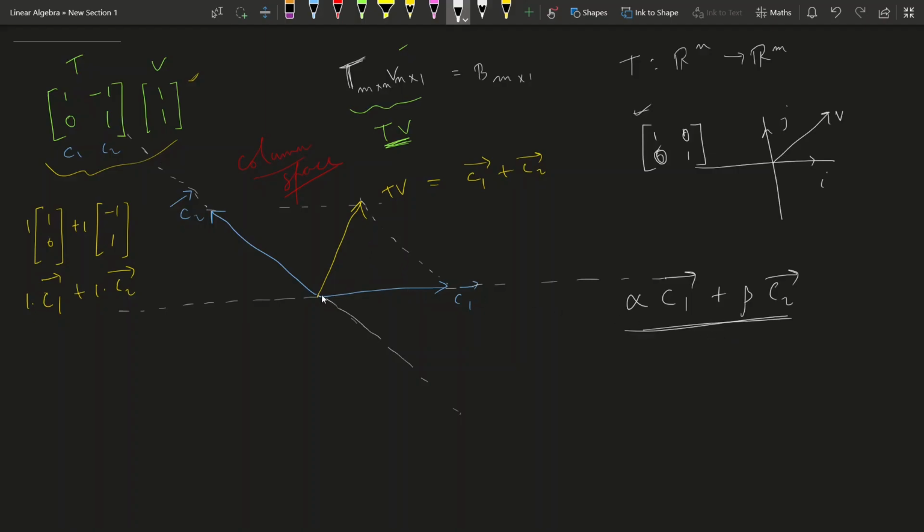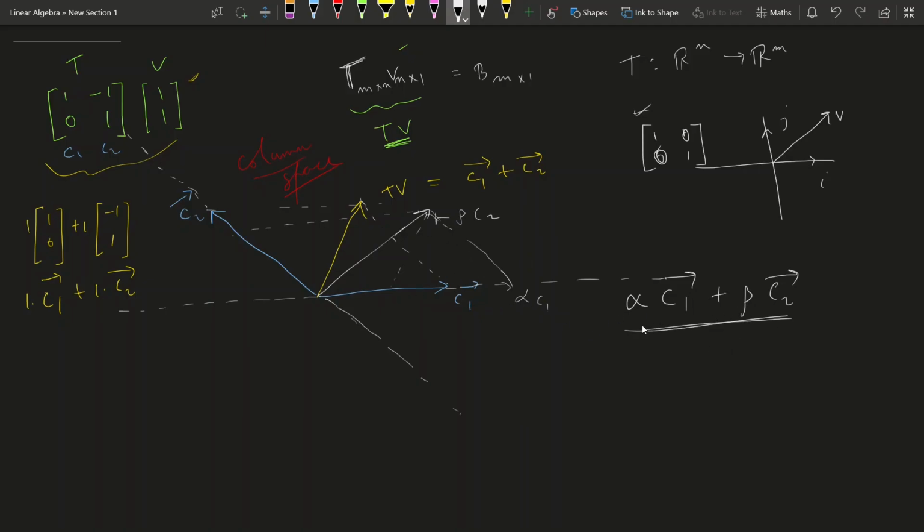So if you take any vector here, this vector will be some alpha c1 and this is some beta c2, right? So any vector here will be nothing but a linear combination of c1 and c2.